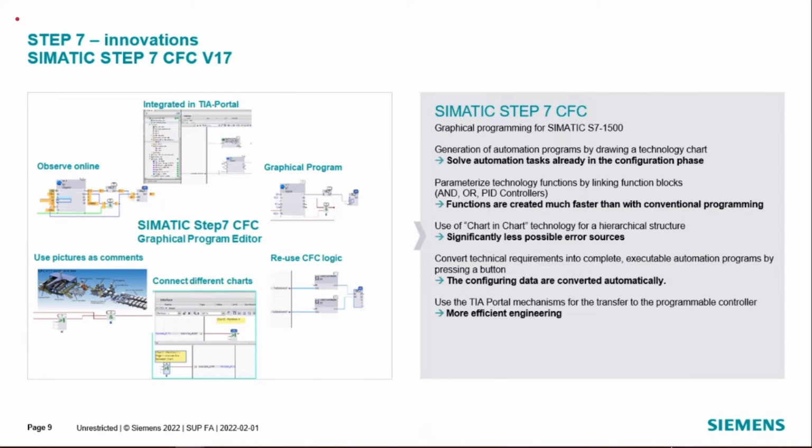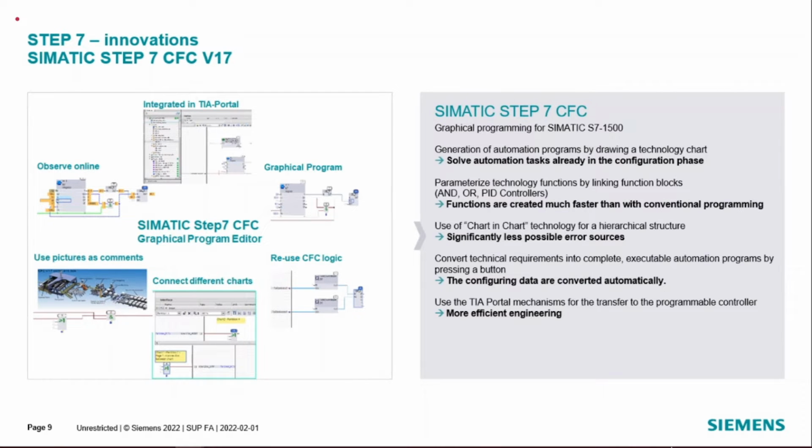Using these functions we can create it much faster, because programming in a chart system is easy, like drag and drop and connecting the different inputs and outputs, connecting the different charts also, like dragging the outputs to another chart's input is easier.